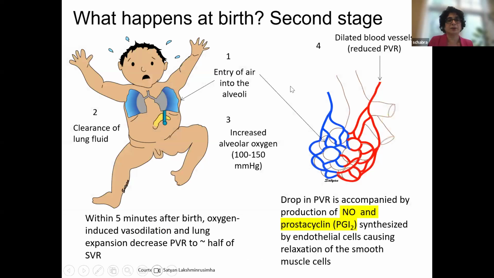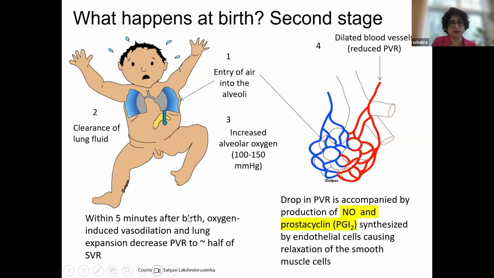So what happens again at birth, recapitulating, is there is first of all entry of air into the alveoli, clearance of lung fluid, increased alveolar oxygenation, and dilated blood vessels with reduced pulmonary vascular resistance. And this is accompanied by production of nitric oxide and prostacyclin, which is synthesized by endothelial cells.